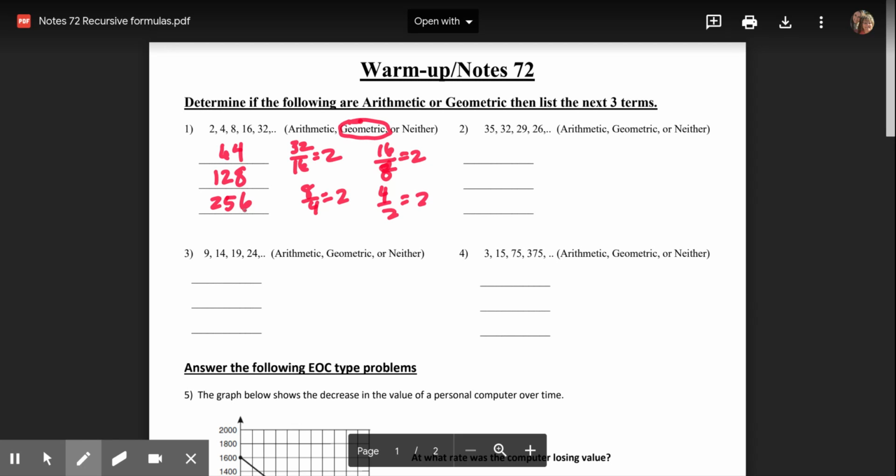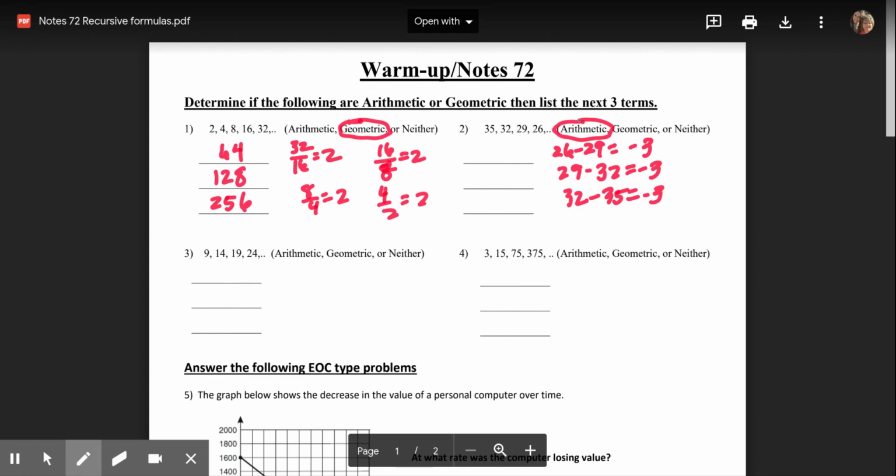Instead of going 26 minus 29, I mean, you could do that. 26 minus 29, you get negative 3. 29 minus 32, you get negative 3. You could also start from 35 and go minus 3, 32 minus 3, 29 minus 3, and so forth. It's just completely up to you. And then 32 minus 35 is equal to negative 3. So I can see that this is going to be arithmetic.